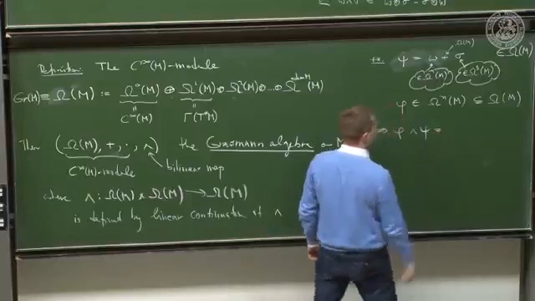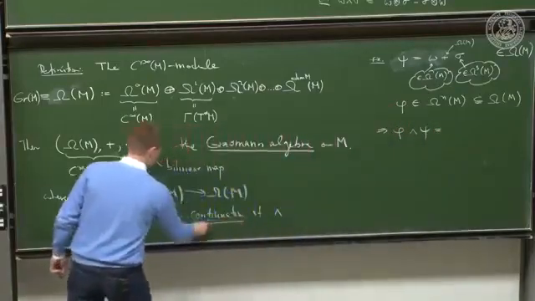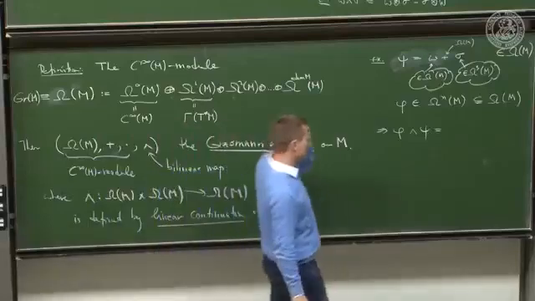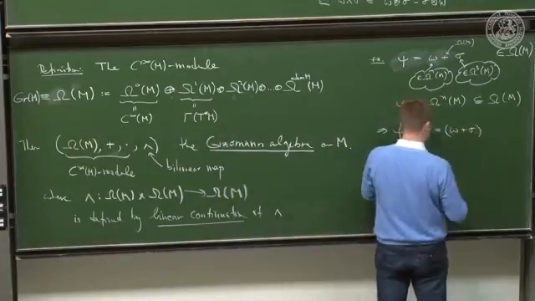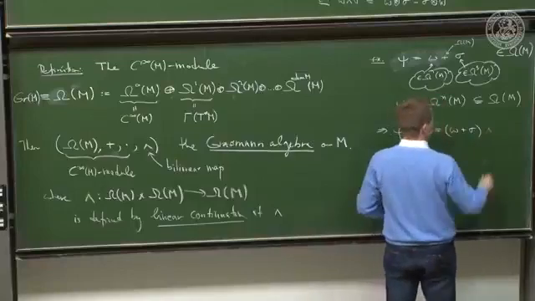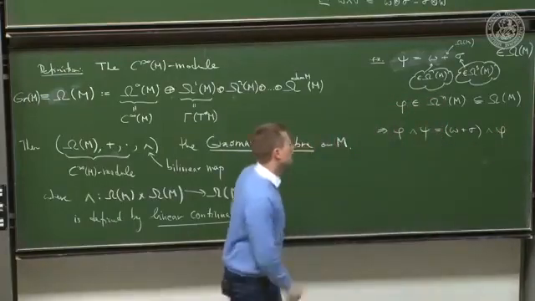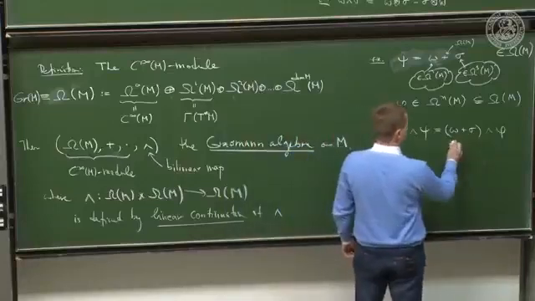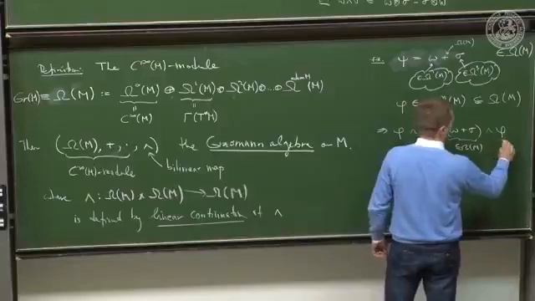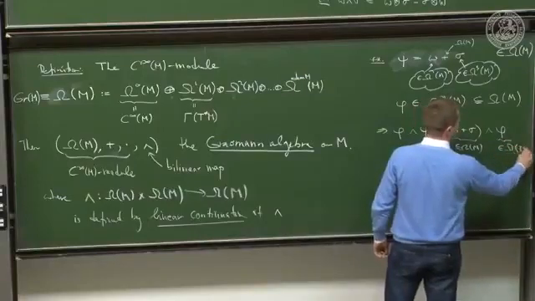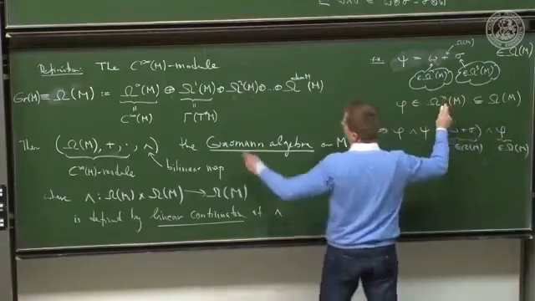Now the question is, what is this? And this is where linear continuation comes into play. You write down omega plus sigma, the green wedge, and phi. And well, that's fine, because this is in omega of M, in the Grassmann algebra. This guy also is in the Grassmann algebra, more particularly in this nth subspace.